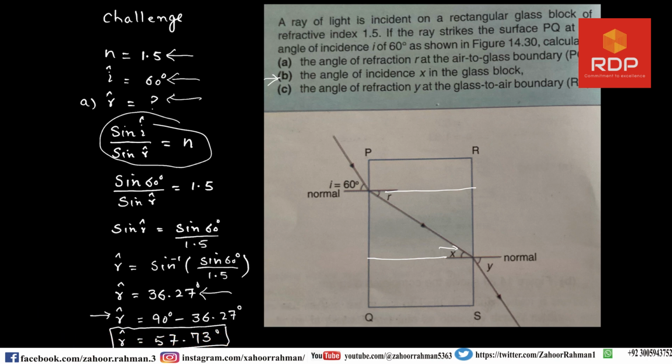So this is a transversal line, and according to the alternate angle theorem, this angle will be equal to this angle.